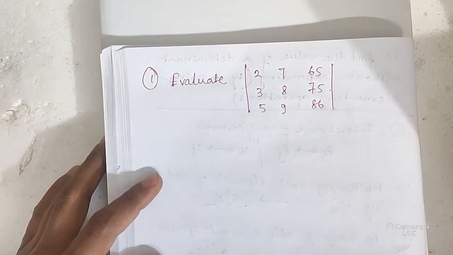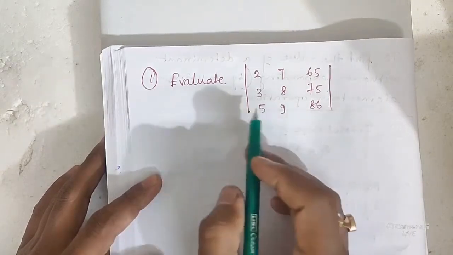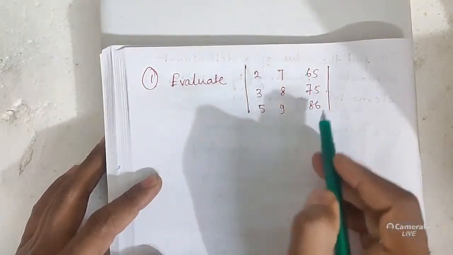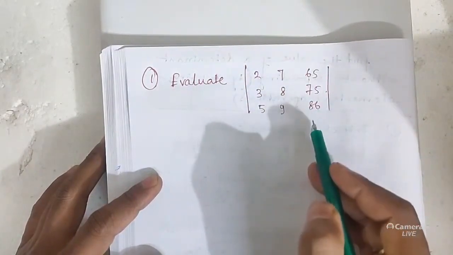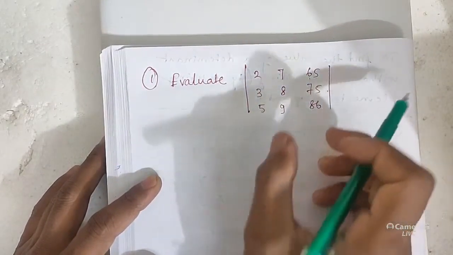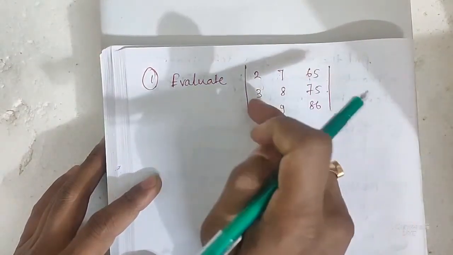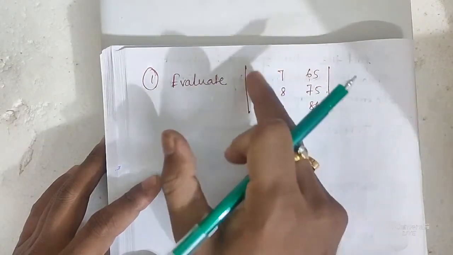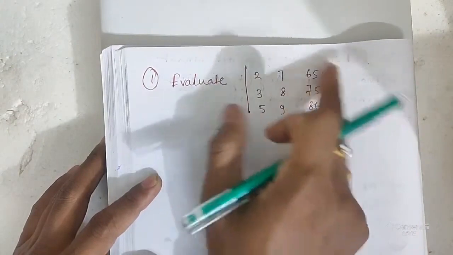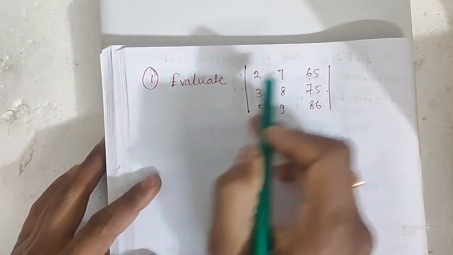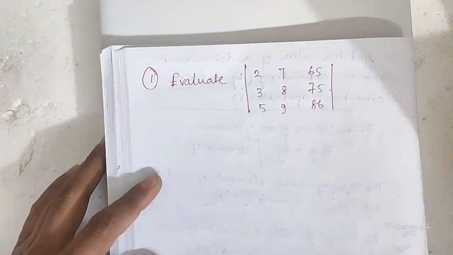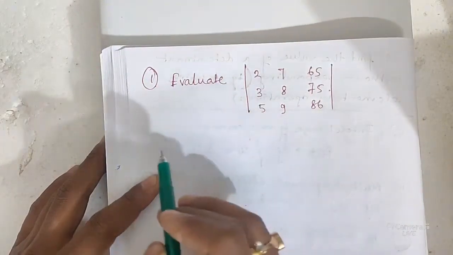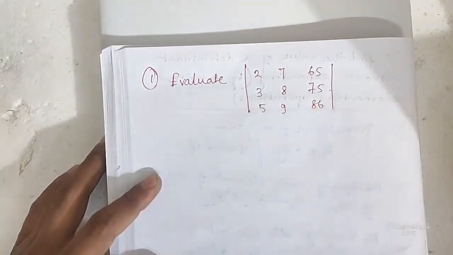Now if you want to find the value with expanding, since the numbers of column 3 differ from the numbers of column 1 and column 2. See, this is 2 and this is 65, which is larger than 2. So if you try to find it with expanding, the calculation will become very lengthy.